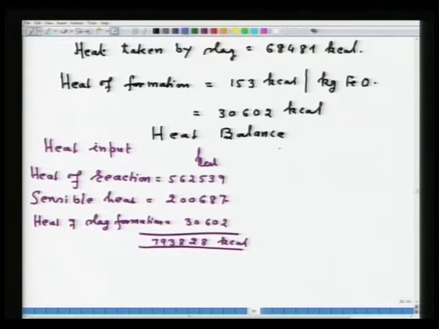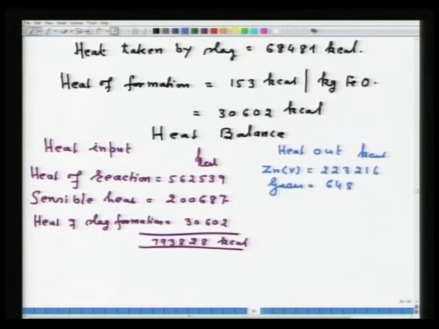Now, let us write down heat output. So, first is zinc vapor, that is carrying 216 kilocalorie. Gases 648,073 kilocalorie, lead 9069, slag 68481.